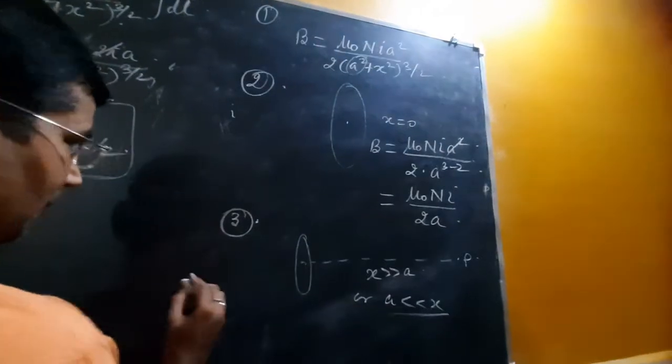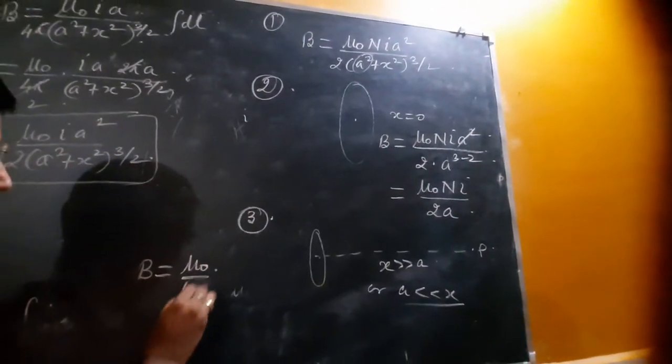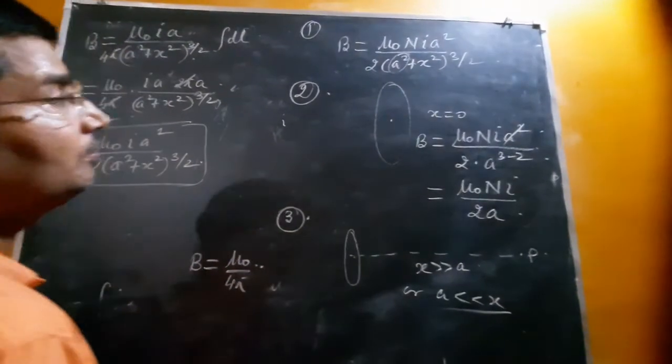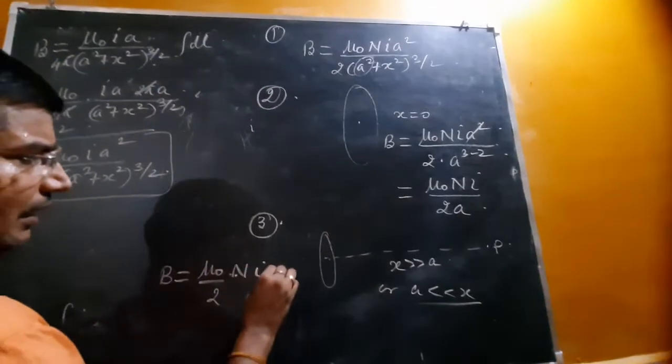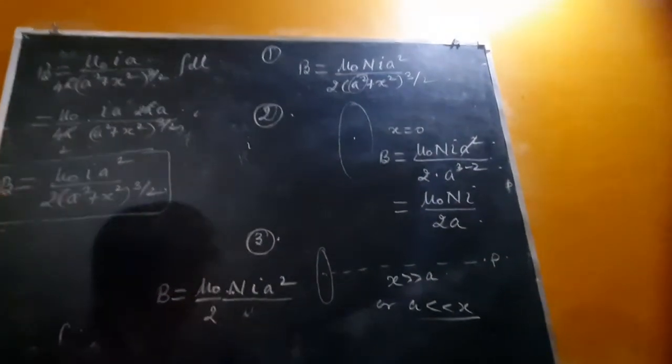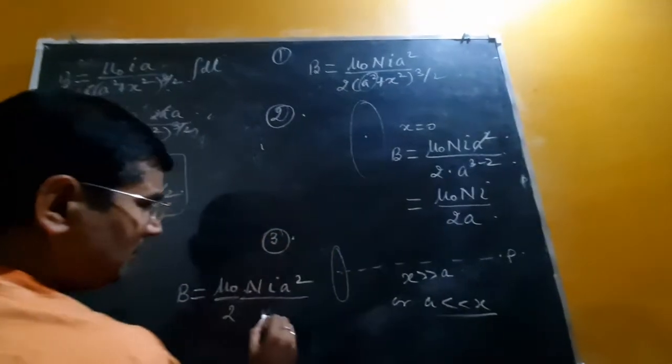and finally we may write B is equal to mu naught upon 2, N I a square upon, this is cancelled and this is x cube.